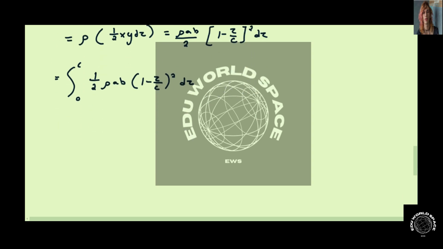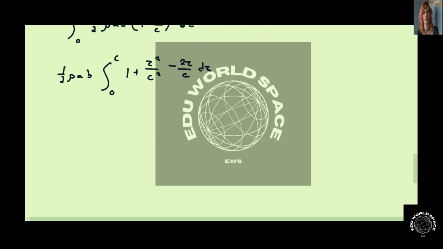And we're going to take out the a and b, c to 0. And now we're just going to FOIL this out here. 1 minus 2z over c plus z squared over c squared dz. And from this, we have 1/2 ab.